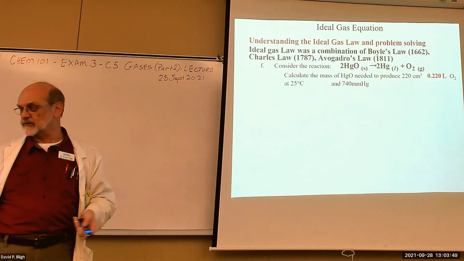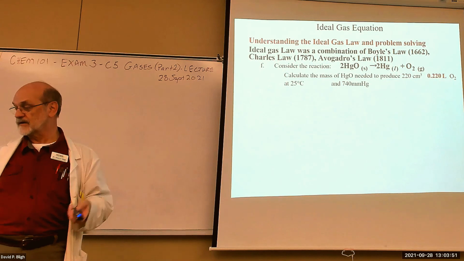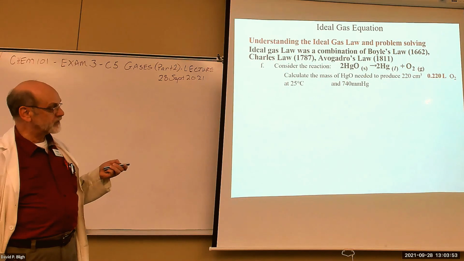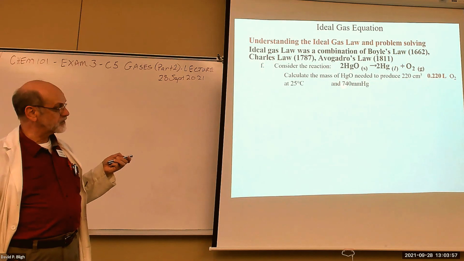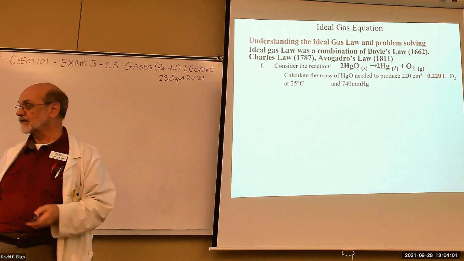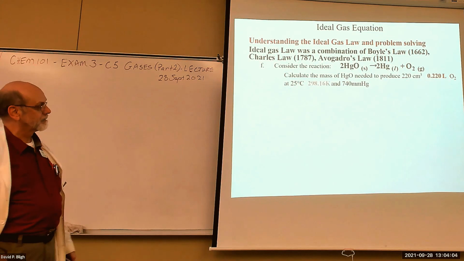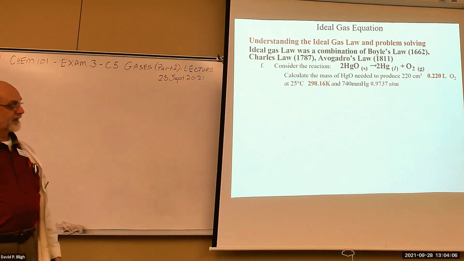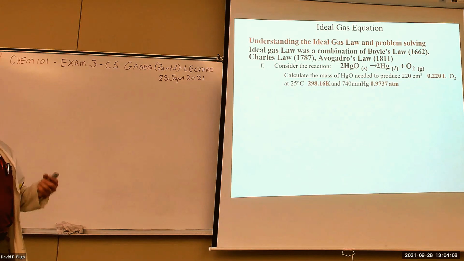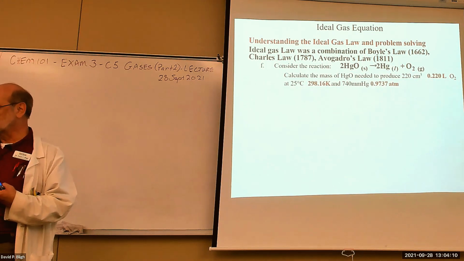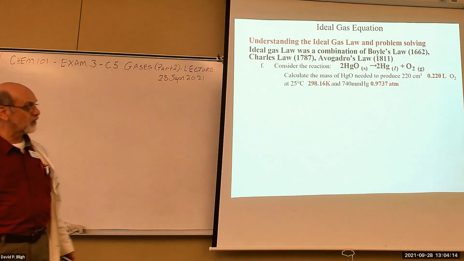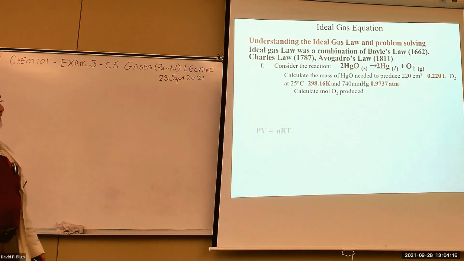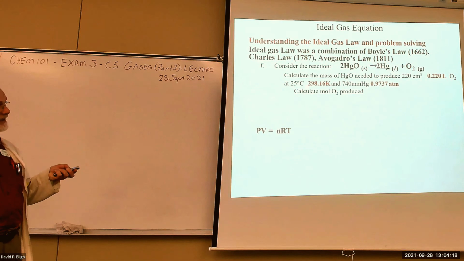Just move the decimal place 3 to the left. That gives you liters of oxygen. We've got volume. We need to convert pressure to atmospheres and convert temperature to K. There we have values. We have 3 of the 4 values we need because we already know the constant. Plug them in and find out how many moles of oxygen are represented by these conditions.